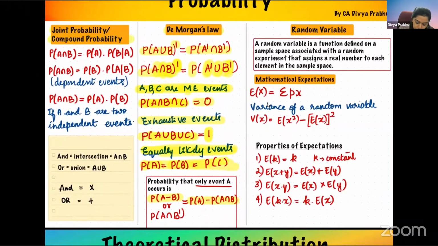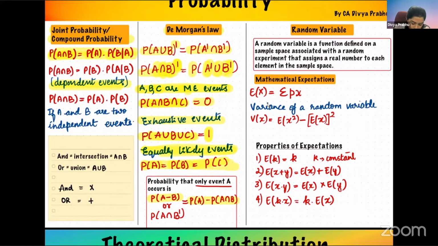Joint probability or compound probability is basically something which is derived from conditional probability, which means if there are dependent events, you will have conditional probability. That's when you will have this joint probability. If the events are dependent events, the joint probability, P(A ∩ B), is equal to P(A) into P(B|A).